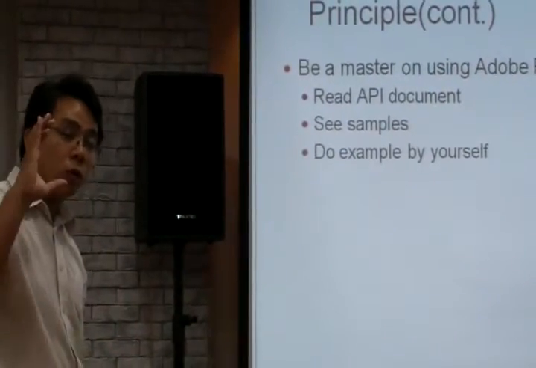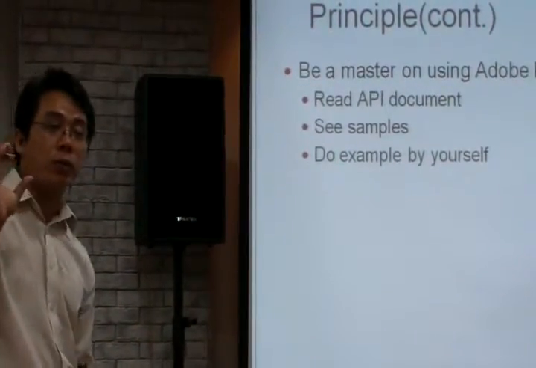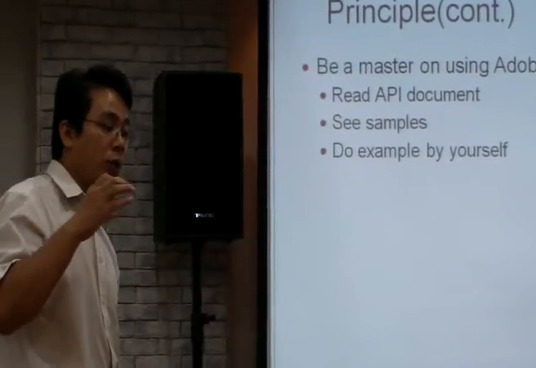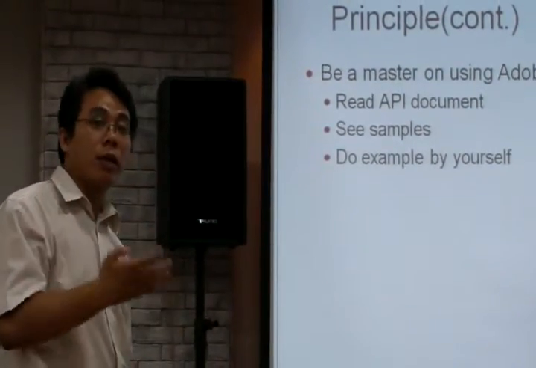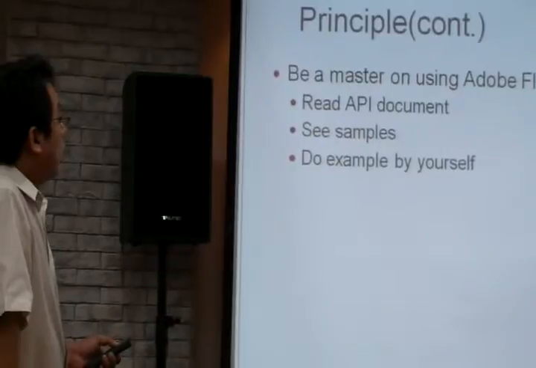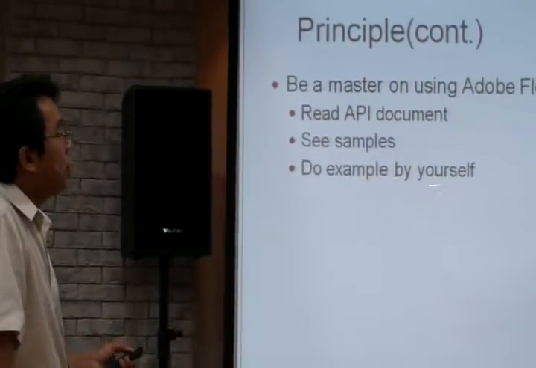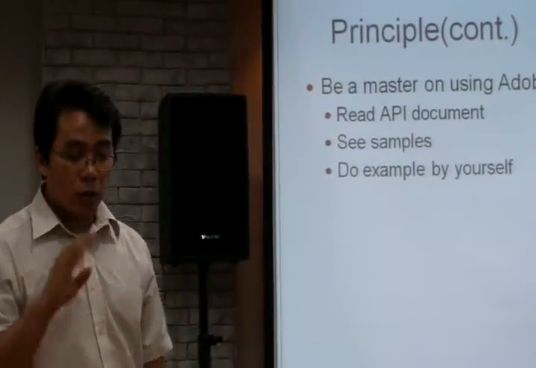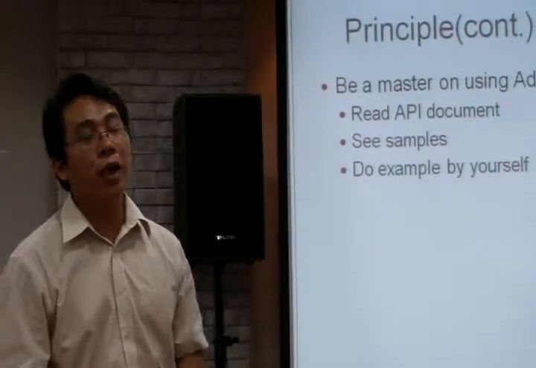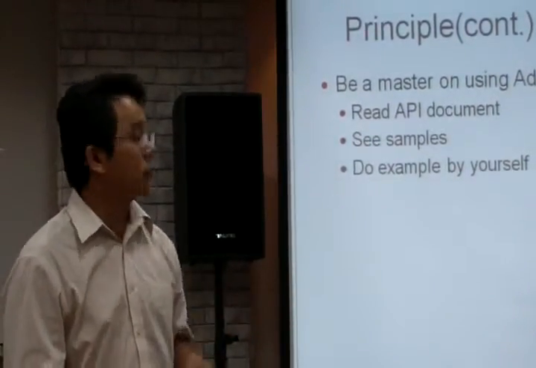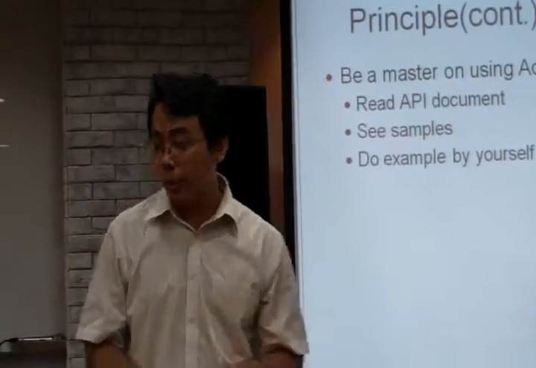Each component has a symbol, so we have to use that symbol and practice as much as possible. After you can see the symbol, you have to do it by yourself. I mean, not just see the API, you have to practice. Let's do this.